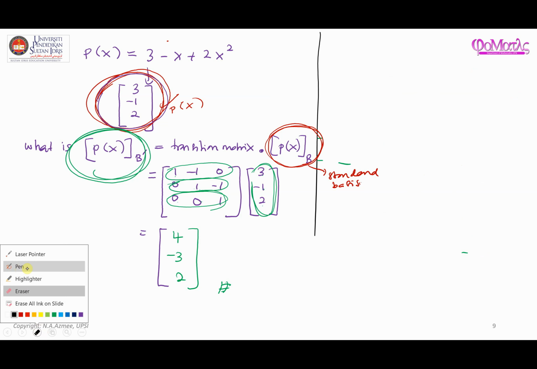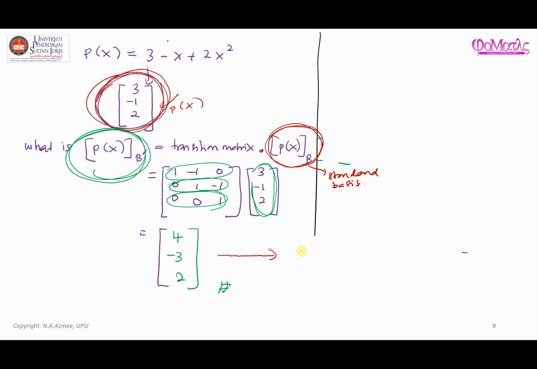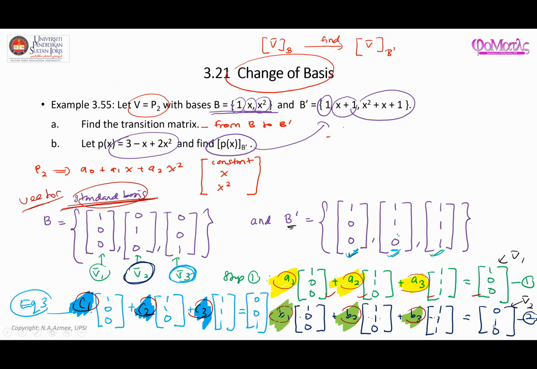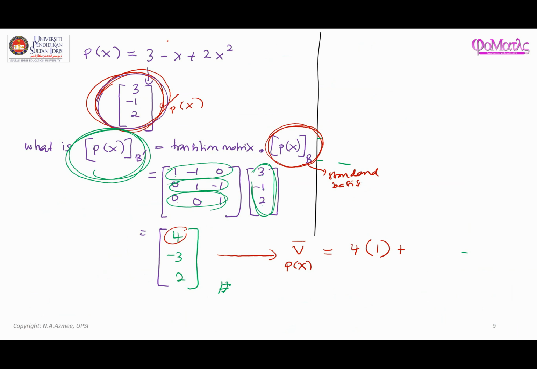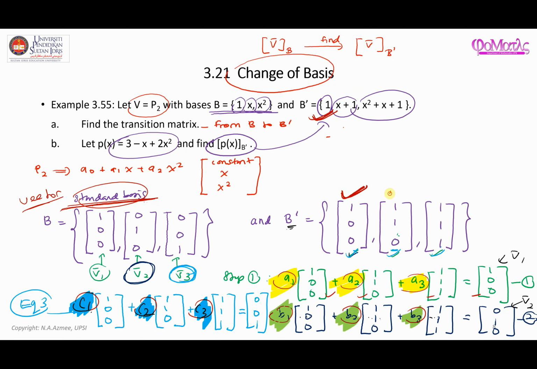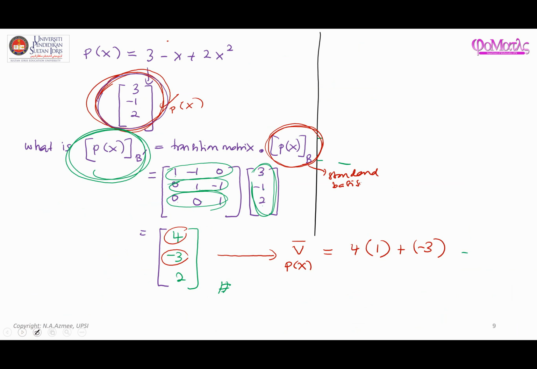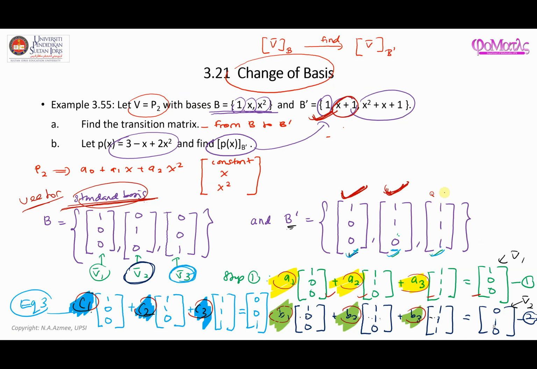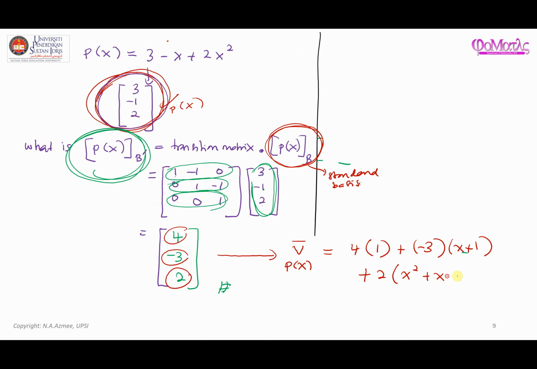In simple words, it means that the given vector, which in this case is px, is equal to 4 times the first vector here, or you can write it in terms of this value, so 4 times 1, plus negative 3 with the second vector here, x plus 1, plus 2 with this guy here.